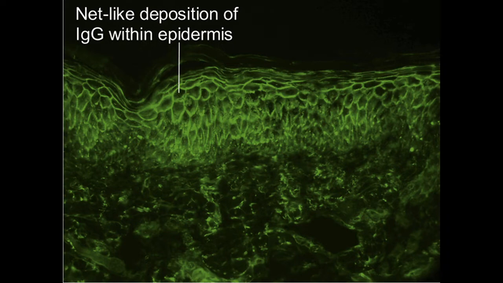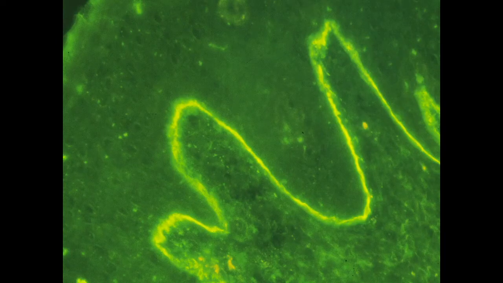Talking about direct immunofluorescence, this is how it looks. For example, this is something that is called net-like positivity. This is pemphigus vulgaris. Because the difference between pemphigus and bullous pemphigoid is that bullous pemphigoid has positivity where the antibodies bind to the basement membrane.